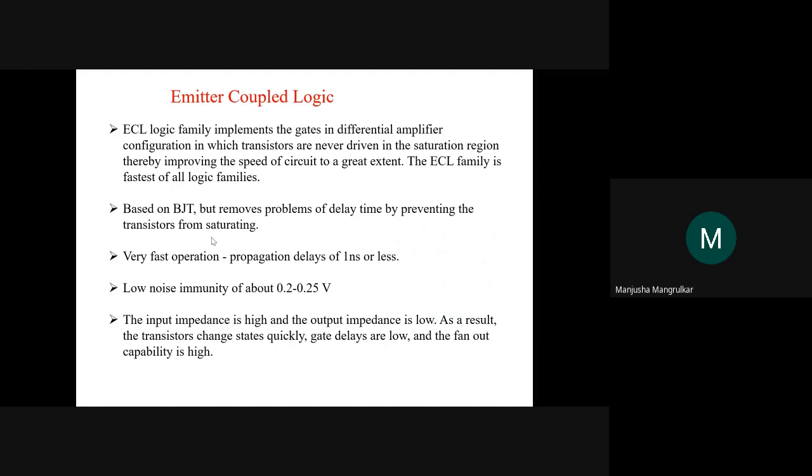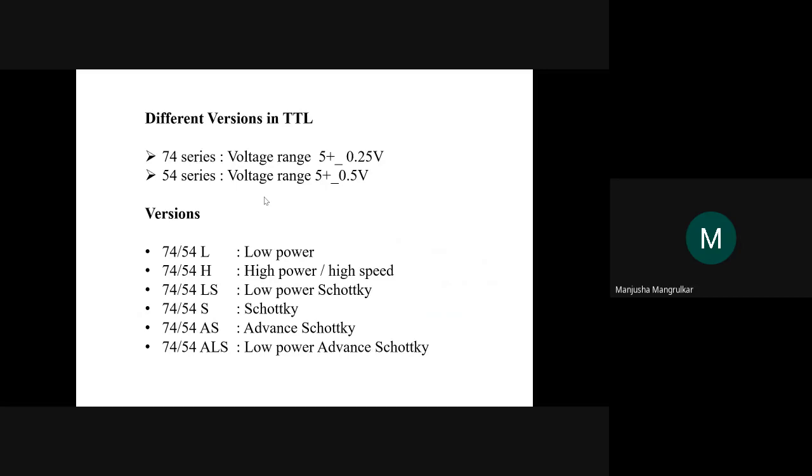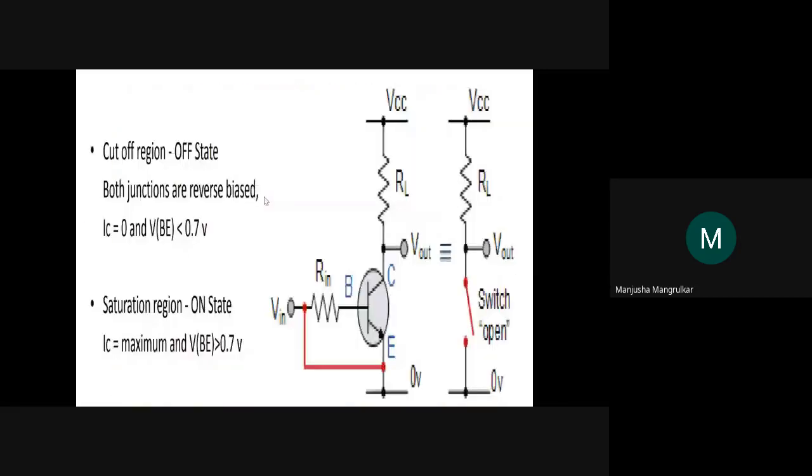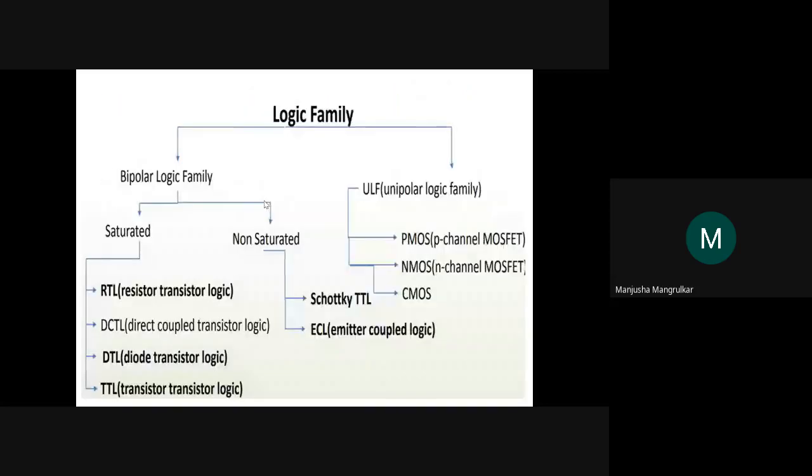Now next, in the saturated types we have seen, and now the non-saturated types of logic family. The saturated ones are resistor transistor logic, direct coupled transistor logic, diode transistor logic, and transistor transistor logic. Now the non-saturated types are Schottky TTL and emitter coupled logic.